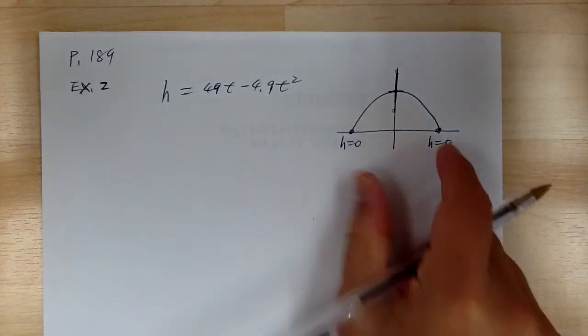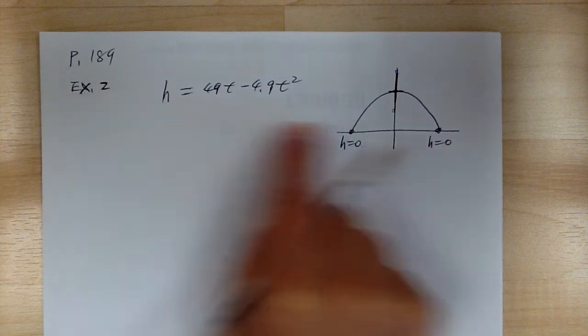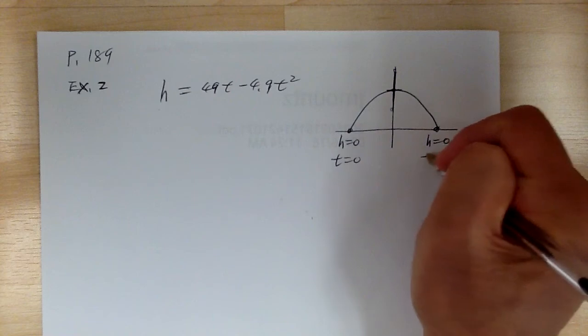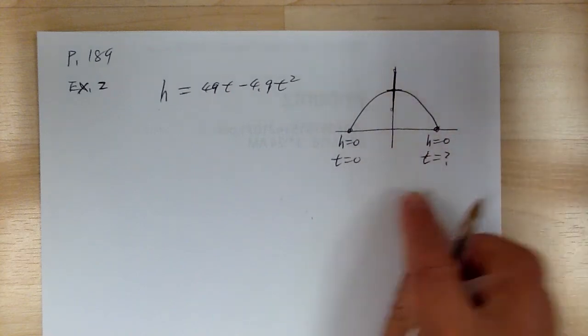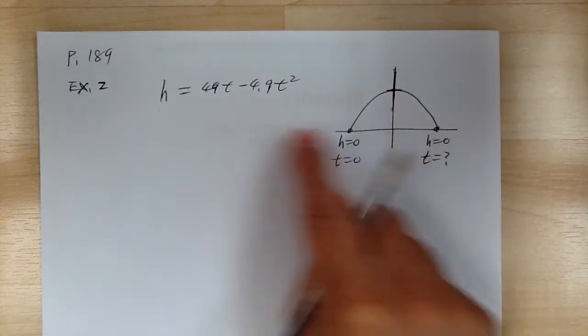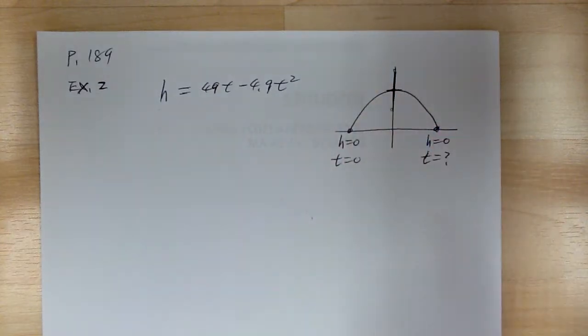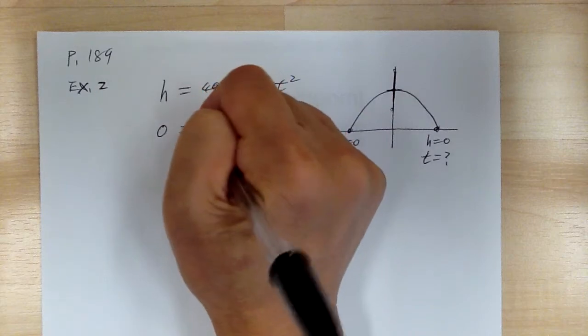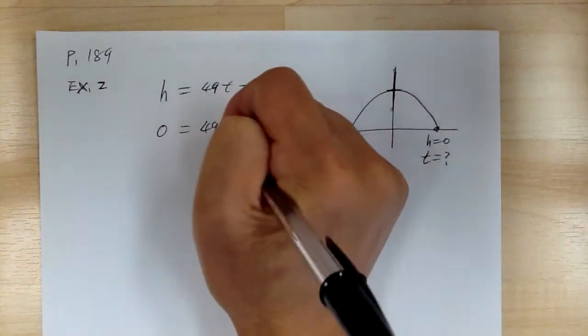So to find the time, you can set h equal to 0. Here time equal to 0, here time equal to you don't know. You substitute h equal to 0 because when it hits the ground, the height is 0, right? So you're looking for time over here.